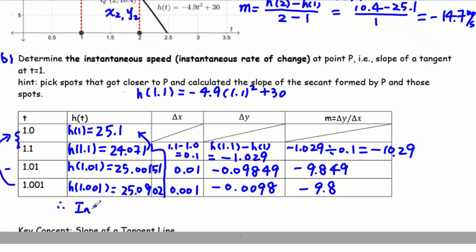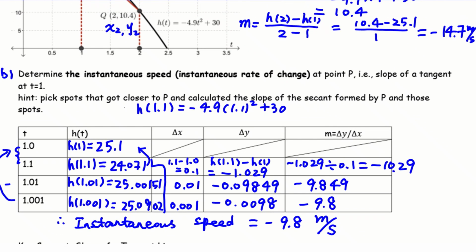Then we call that number our instantaneous speed equals negative 9.8, and that is a displacement divided by time. So the displacement unit is meter and the time unit is second. So this is an instantaneous speed.